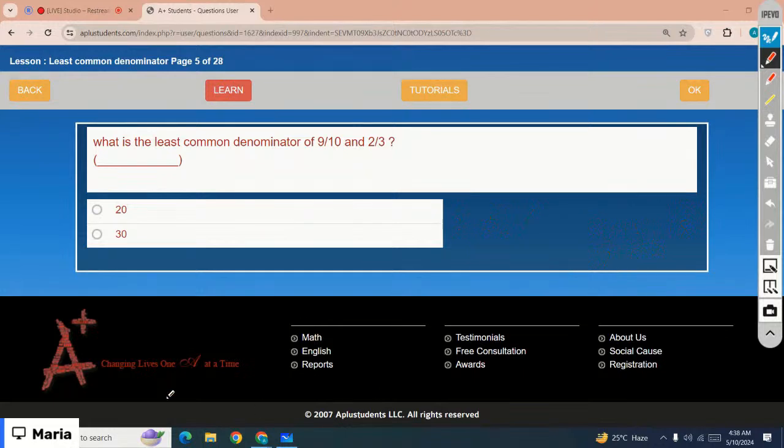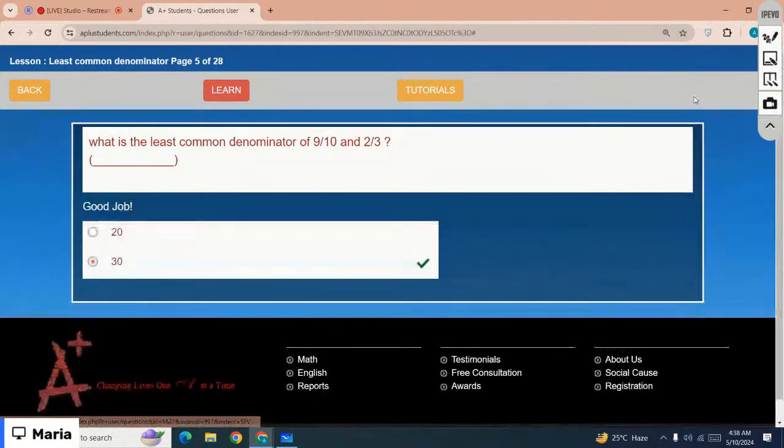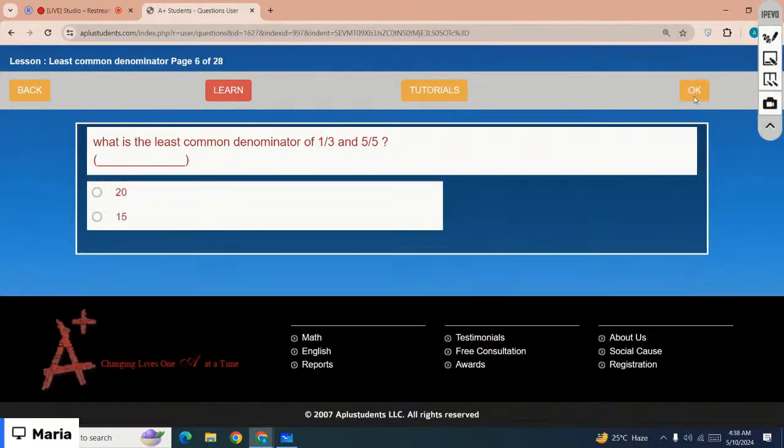So the correct option is 30. What is the least common denominator of 1 by 3 and 5 by 5? So, which is the correct option?